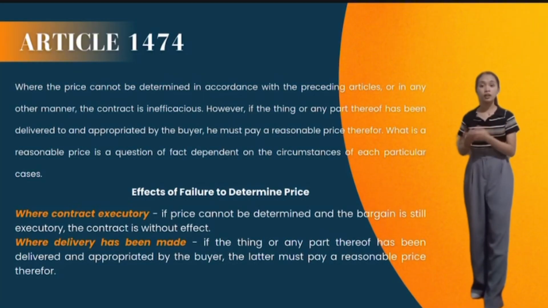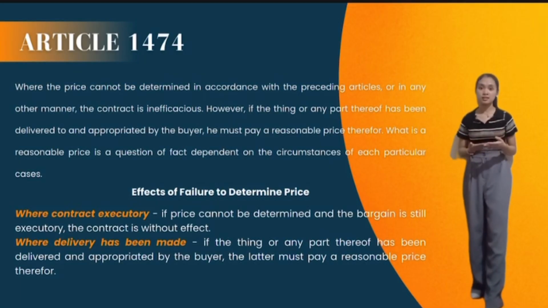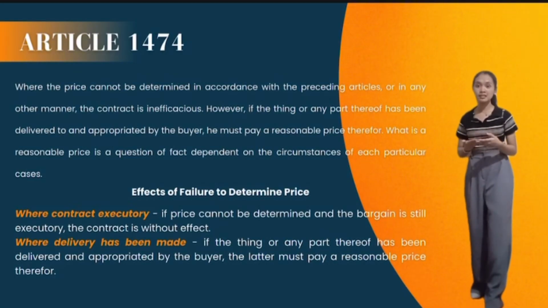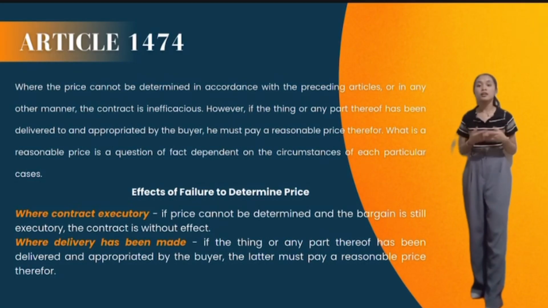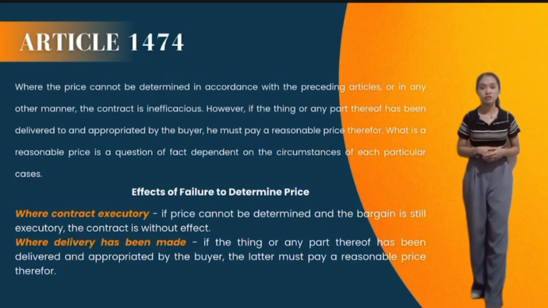And when there's a failure in determining the price while the contract is executory, then the contract ceases to exist. There's no obligation for the buyer to pay and for the seller to deliver goods since the contract has no effect. But when the delivery has been made, then the buyer must pay a reasonable price for it.